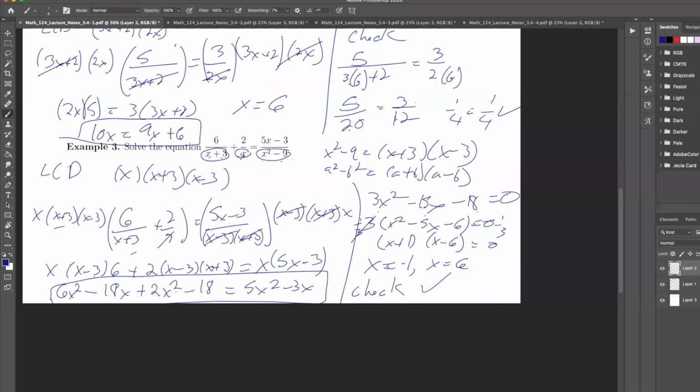Here I'll have 2 over -1, so this would be 3 minus 2. It leaves me as 1 on this side. Here I'll have -1 minus 9, and then I'll have minus 5 minus 8. So this would be 1 over 1. So this leaves me 1 on this side, 1 on this side. So it checks out. You can do the same thing with 6 in a calculator. You'll find it works as well.